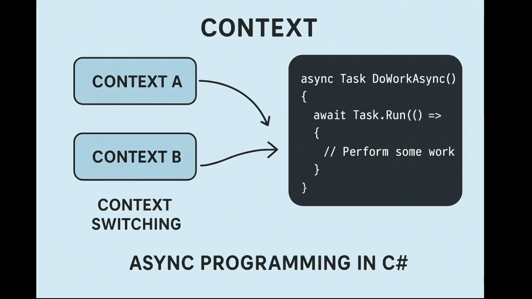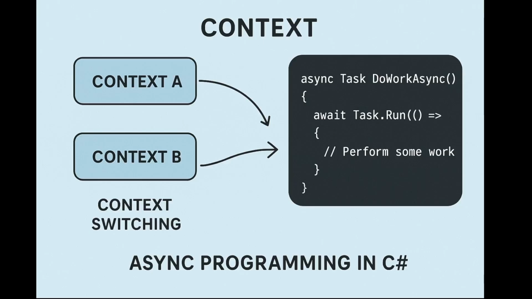When we await Task.Run, the context switches to another one, and a new context is born, context B. In context B, the code block of Task.Run will be executed and some work will be done, and it means the environment in which our code in Task.Run executes is different from context A, where DoWorkAsync was executing.